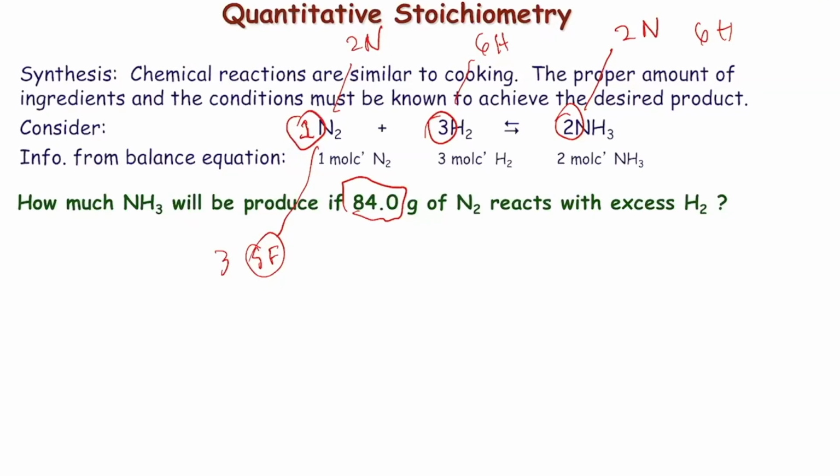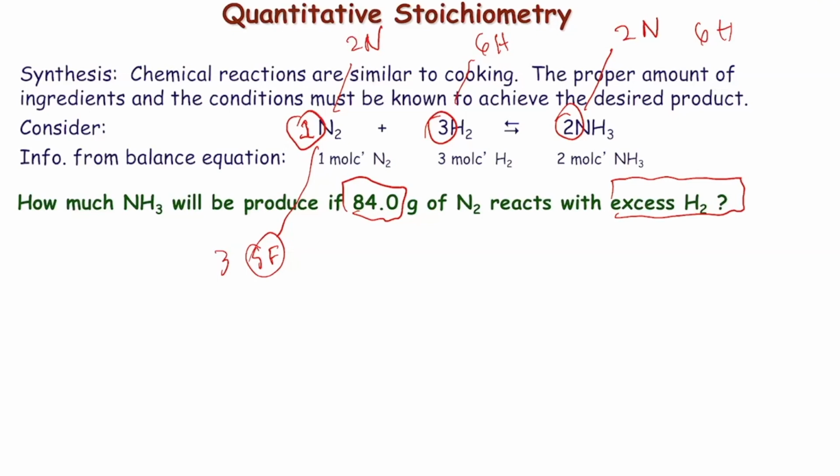I've got 84 grams of nitrogen with excess hydrogen. Whenever you see excess hydrogen, it means that it doesn't run out. It means that you don't have to be concerned with that chemical. You never use that chemical, the excess, to figure out how much product you produce, because the nitrogen is going to be the chemical that runs out first that will determine how much product is produced, okay?